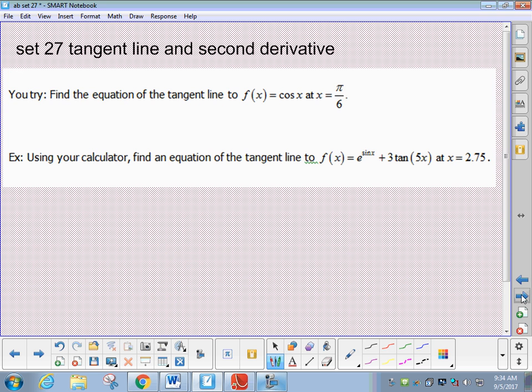You try, please. Try the tangent line to cosine at x equal pi over 6. Do not use a calculator at any time. Feel free to talk it over with your neighbors, however.